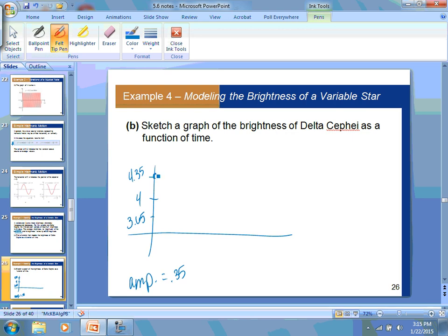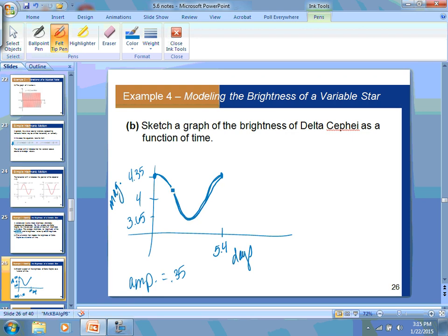And then it would have gotten a little bit dim and then gotten bright again. So the graph is taking this kind of behavior. And that amount of time would be 5.4. So this would be days. This would be our magnitude over here for our brightness. So this behavior looks like a cosine curve.